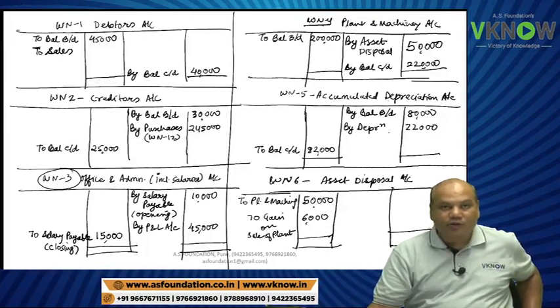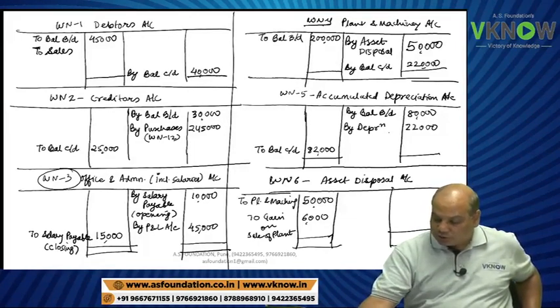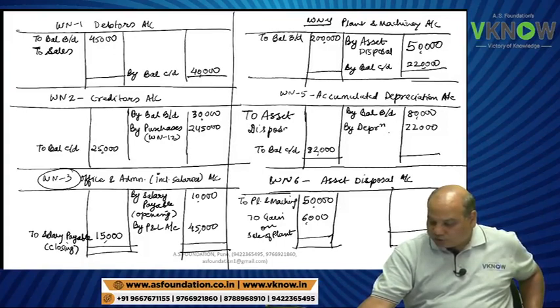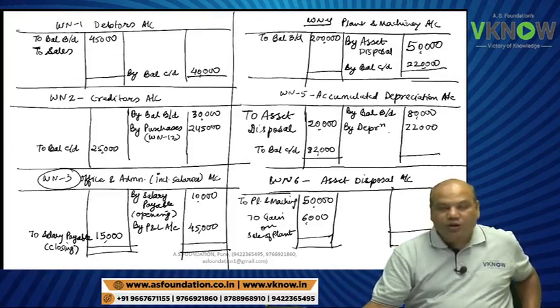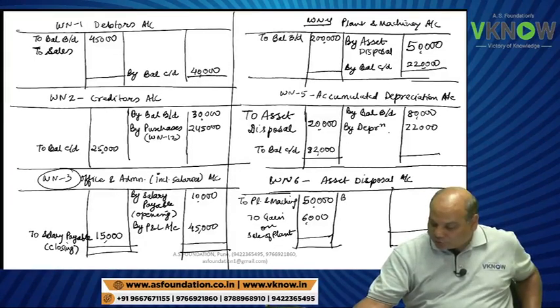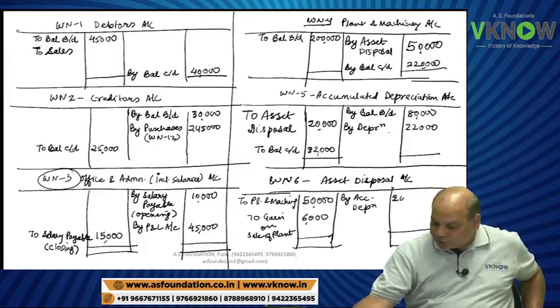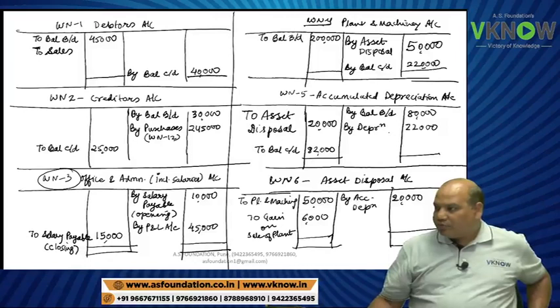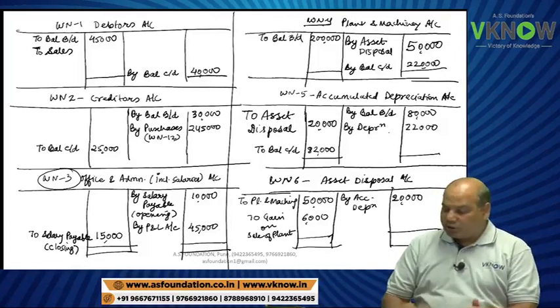The second entry is accumulated depreciation account debit to asset disposal account, depreciation on assets sold transferred to asset disposal account. Asset disposal account credit side by accumulated depreciation 20,000.